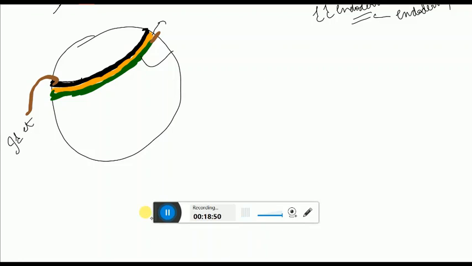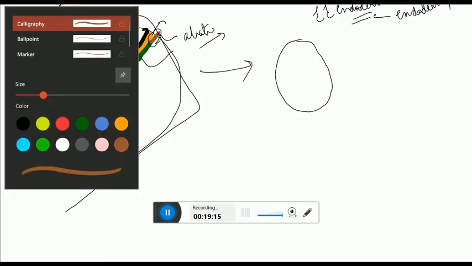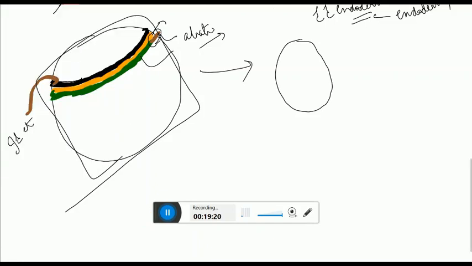You can see I have made a structure that is arising from the layer of intraembryonic endoderm. This structure later developed into the allantois. So now what will happen? Embryo folding will start. We have to see how embryo folding occurs. See, first they will change their curvature.